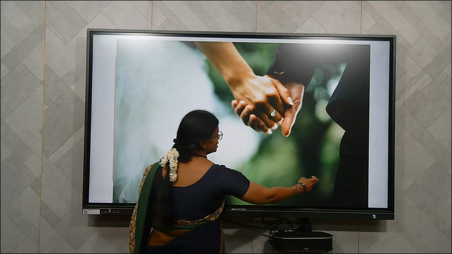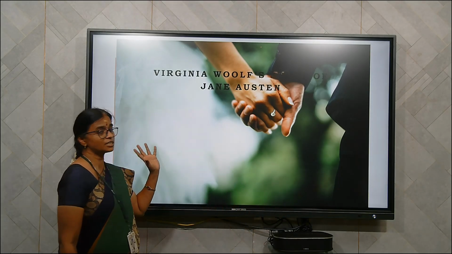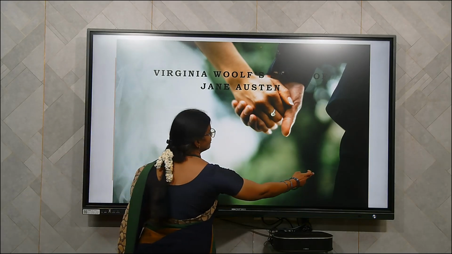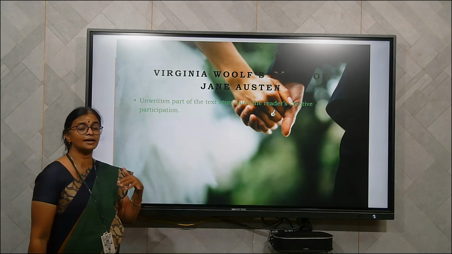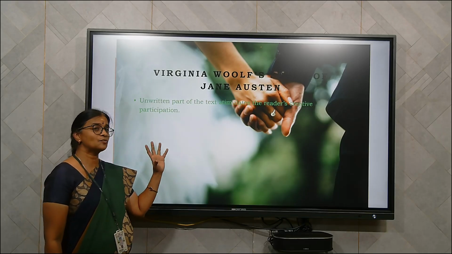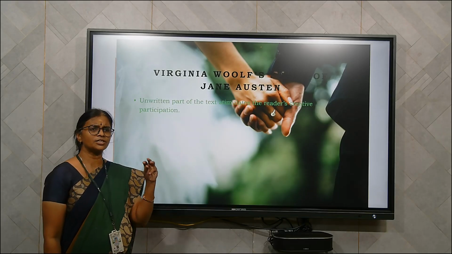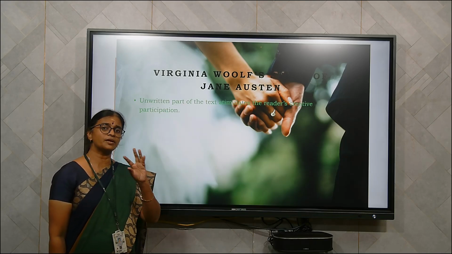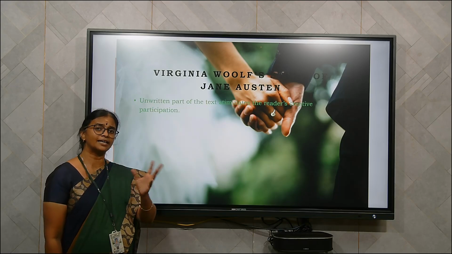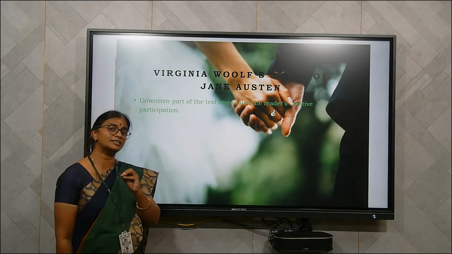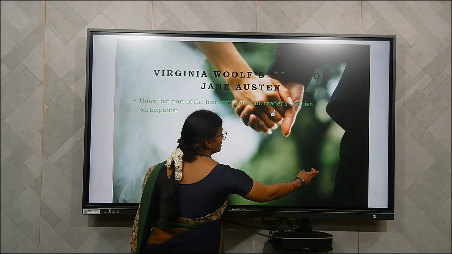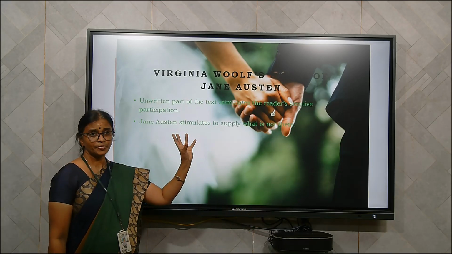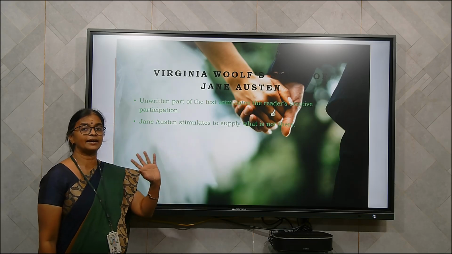And Virginia Woolf, who worked on Jane Austen's novels, says that the unwritten part of the text gives much understanding and creativity for the reader. When you see Jane Austen's novels, she doesn't take extraordinary topics. She has taken very simple and understandable day-to-day life topics, and sometimes it may be a trifling one. In the novel Pride and Prejudice, she writes about the matching of a bride and a bridegroom.